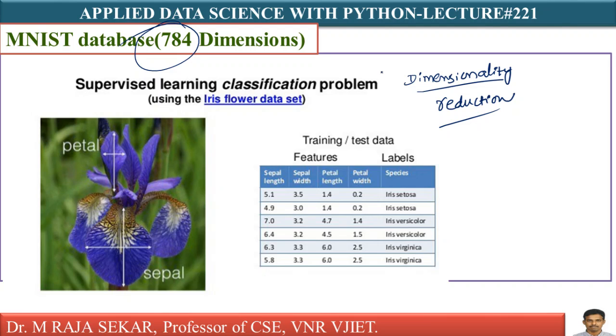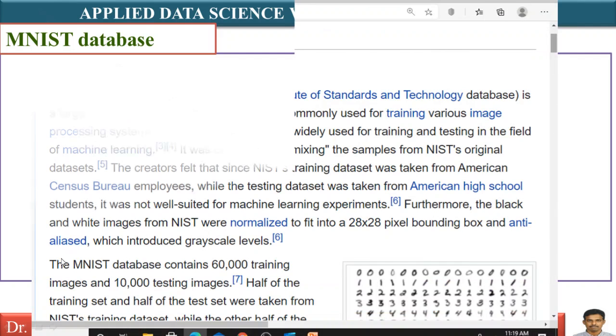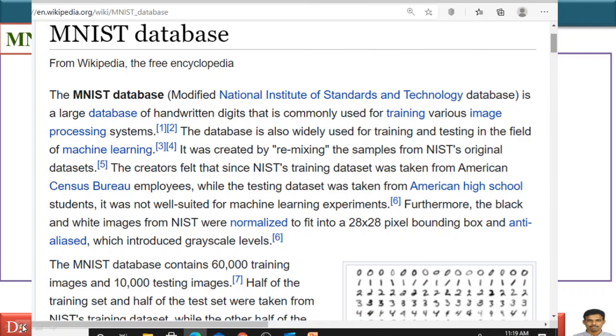How will we try to understand this MNIST? Just see this particular page. This is a page I collected from Wikipedia, MNIST_database, wikipedia.org. What is this MNIST database? This is the Modified National Institute of Standards and Technology database.